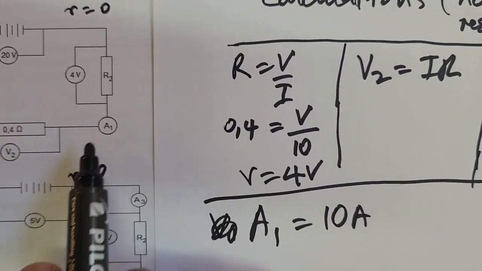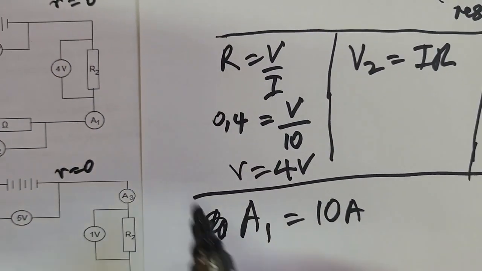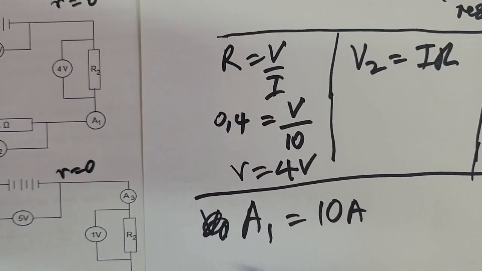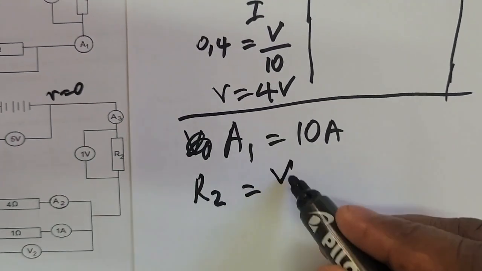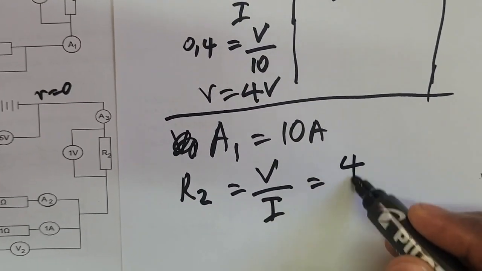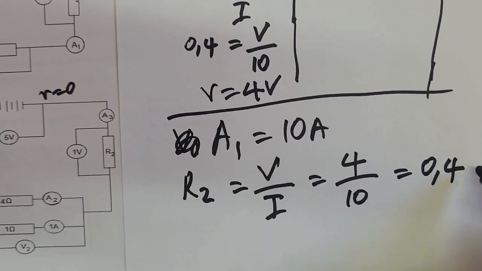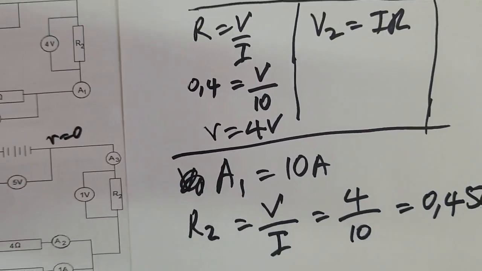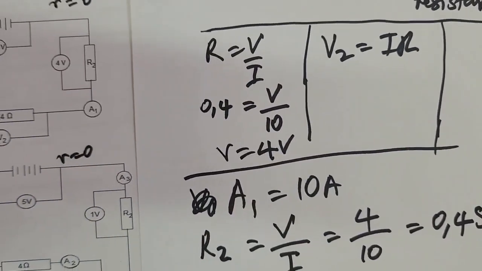Now if A1 is 10, therefore the current flowing through R2 is 10 as well. I know the current and the voltage, I can calculate the resistance of R2. Therefore R2 will be the same as V over I, which will give me 4 over 10, which will be 0.4 ohm. So R2 and this one, they are the same.